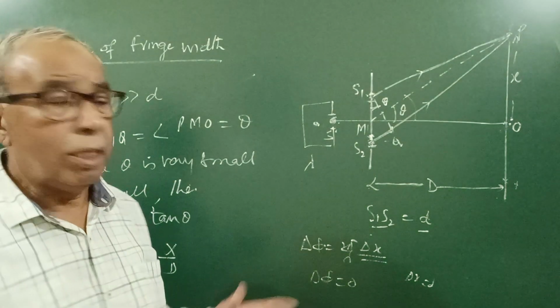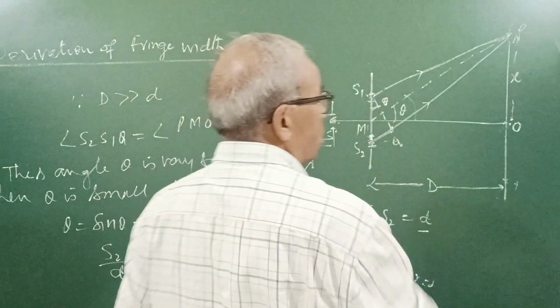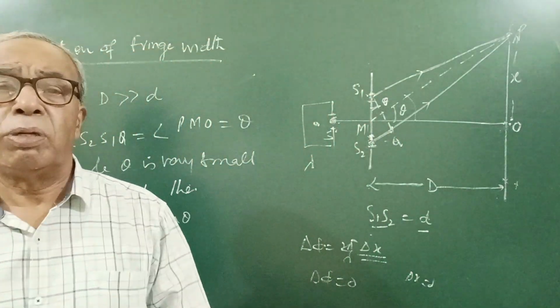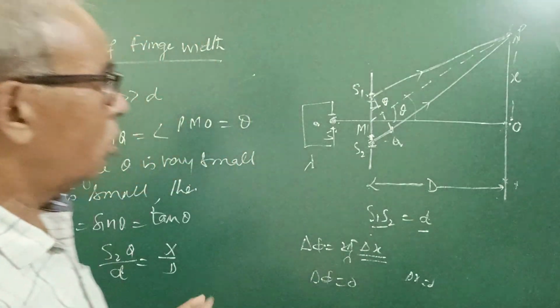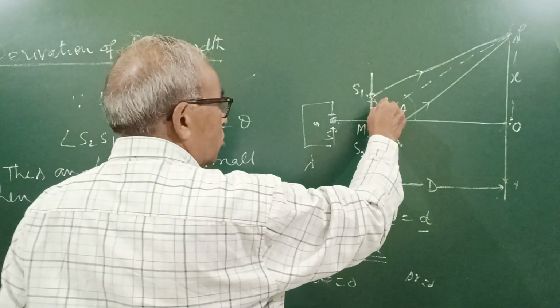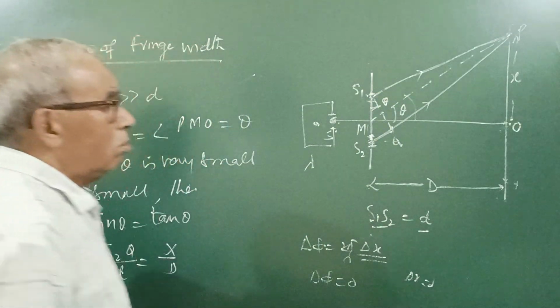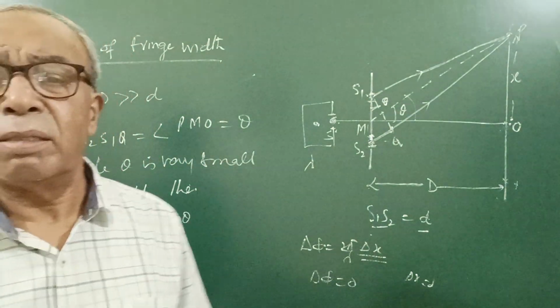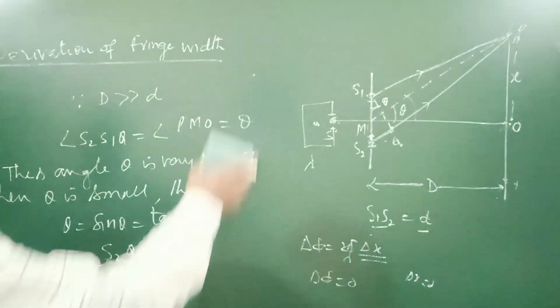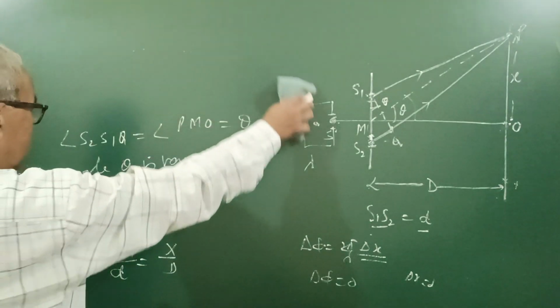In books, even in the NCERT book, they have taken the help of Pythagoras theorem and binomial theorem, not required at all. But assume that these angles are really small. And when angle theta is very small, then theta is equal to sin theta is equal to tan theta.